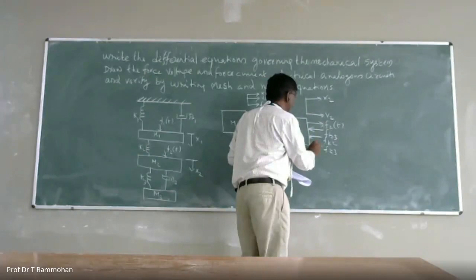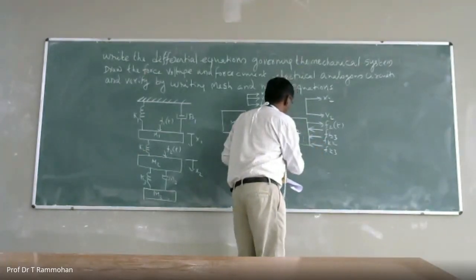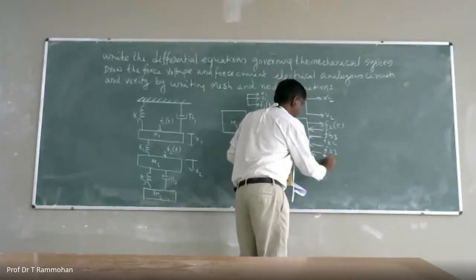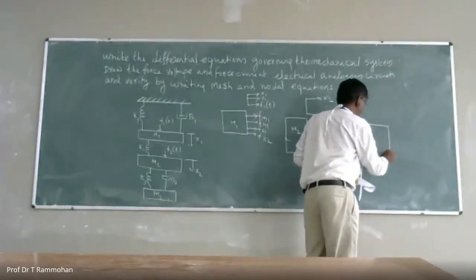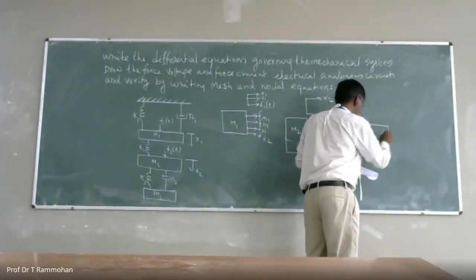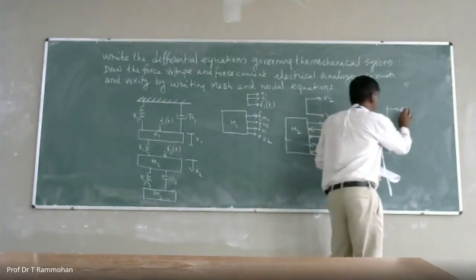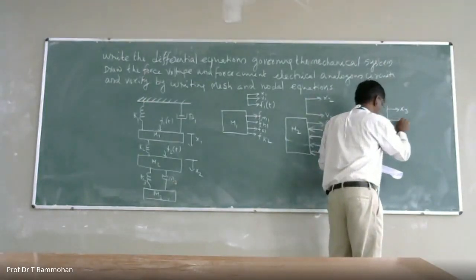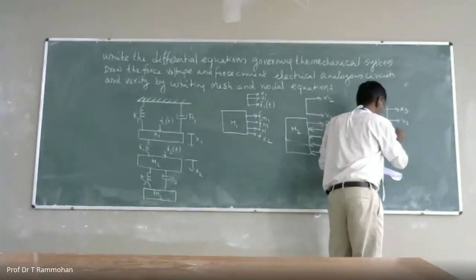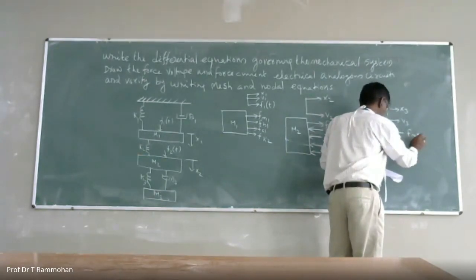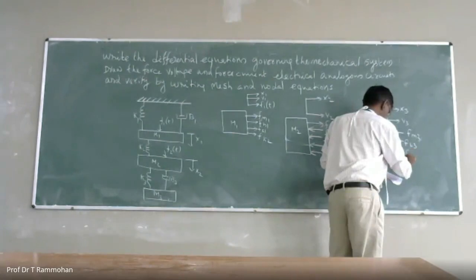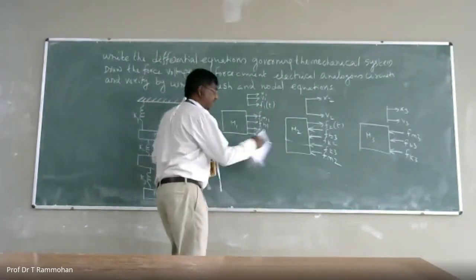FM2. FM2. K3. So these are the free-body diagrams.